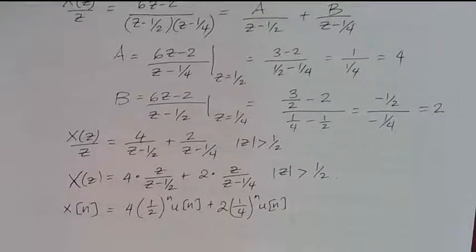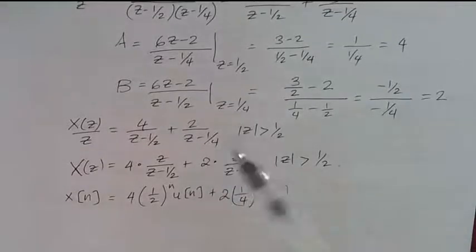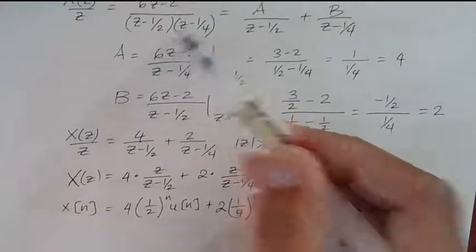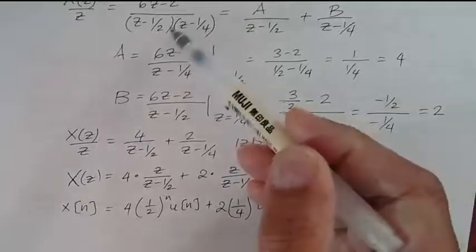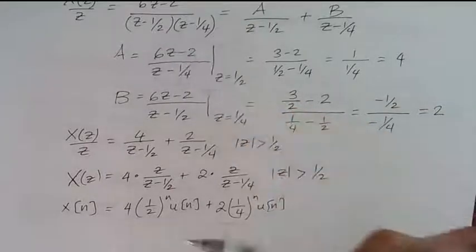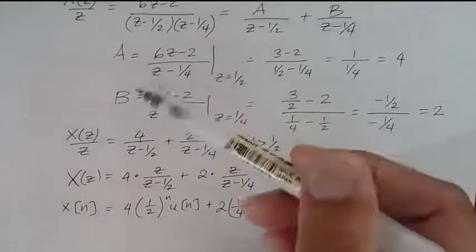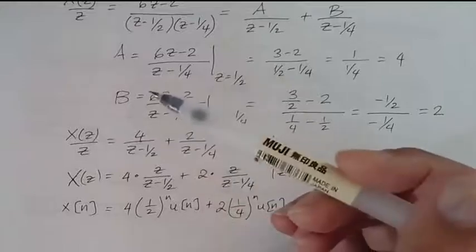Okay? And this will work for most of the problems that you'll see. Sometimes, like I said, you might have higher order poles. If you have higher order poles, you can do the partial fraction expansion exactly the same way. But the template you'll use won't be (1/2) to the n u of n, but n times (1/2) to the n u of n.